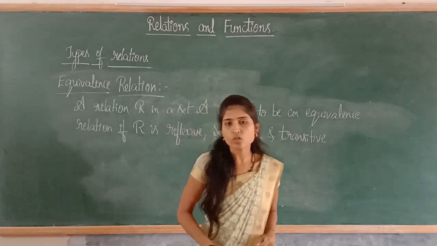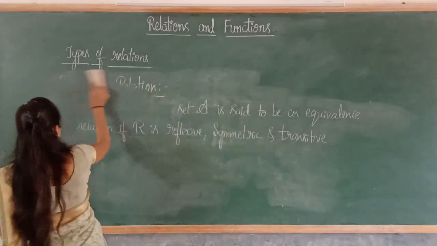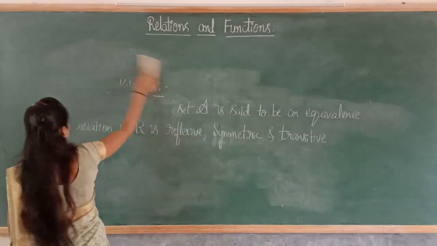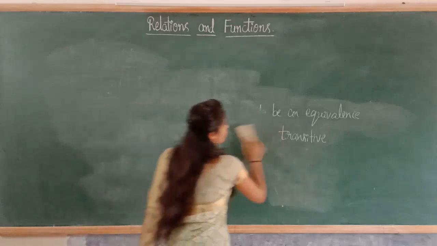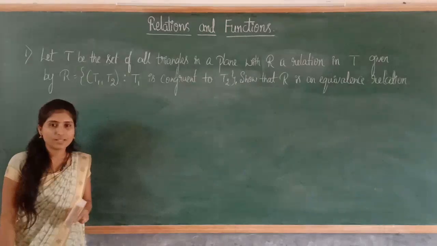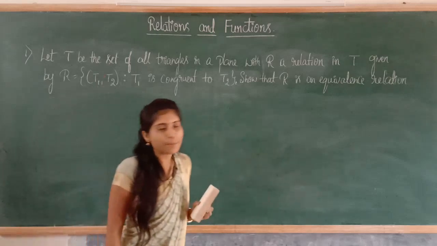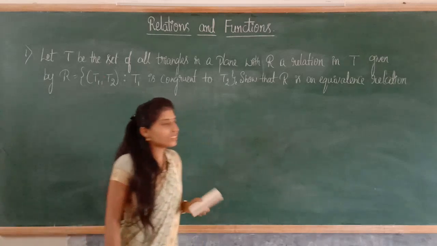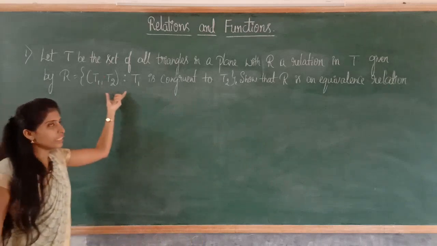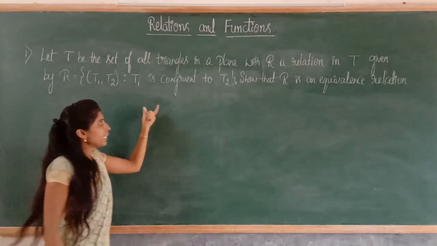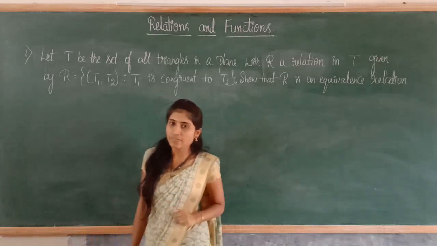Now we are going to solve some problems on this. The problem: let T be the set of all triangles in a plane with a relation in T given by R equals (T1, T2) such that T1 is congruent to T2. Show that R is an equivalence relation.